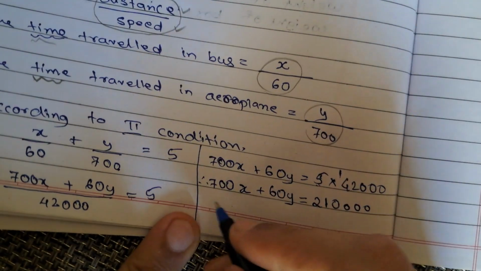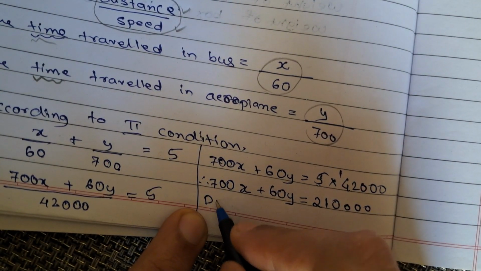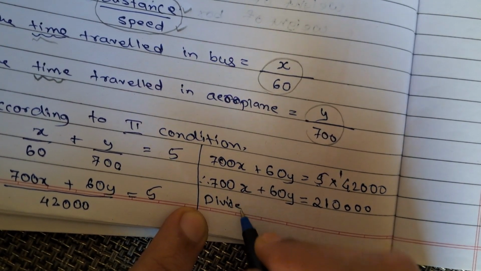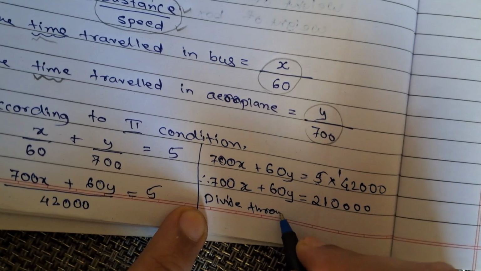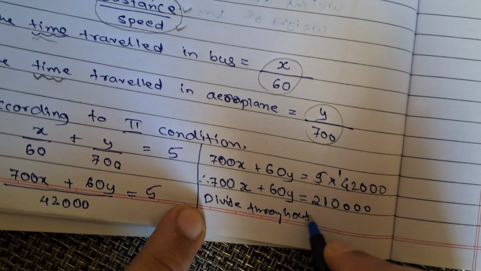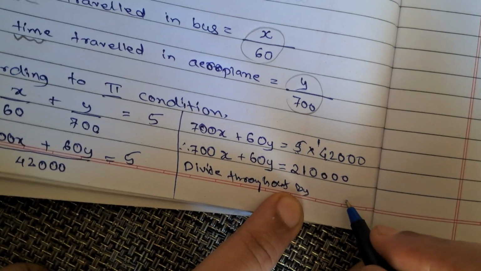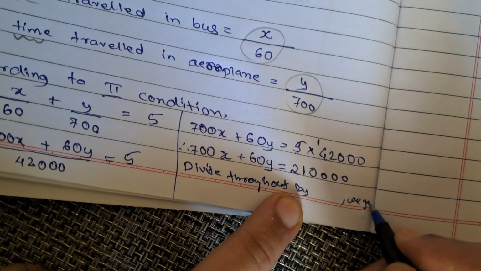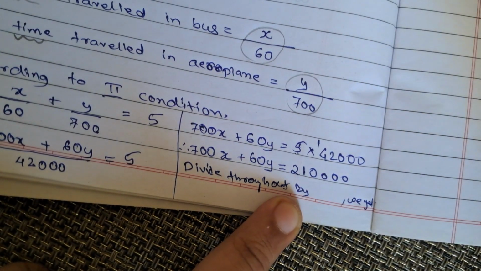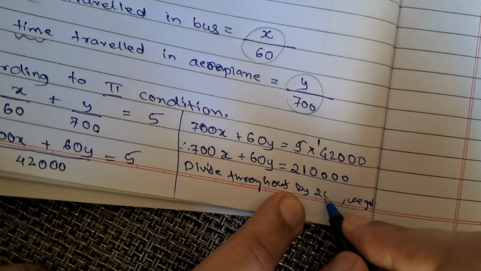Any thought? Divide throughout by any such number. Divide throughout by what? Any thoughts? I suggest 20 is the best number to think of.